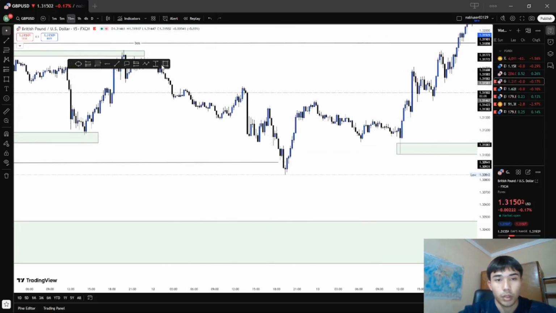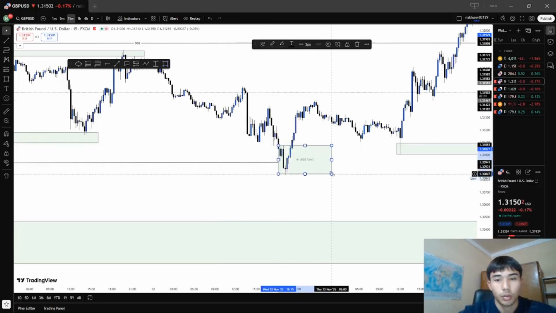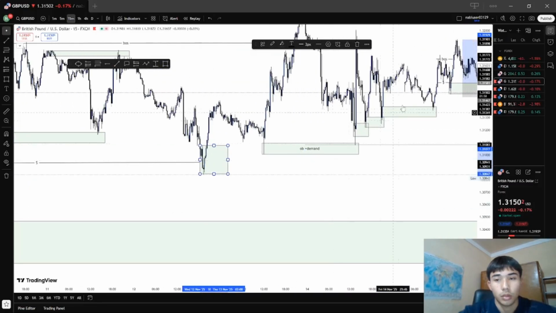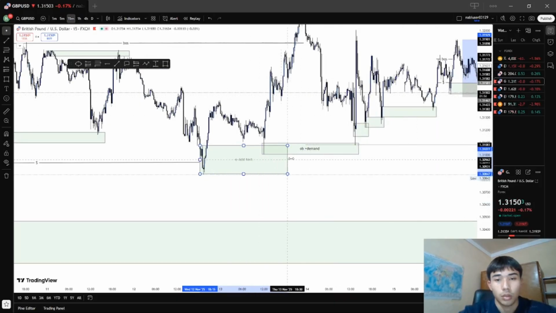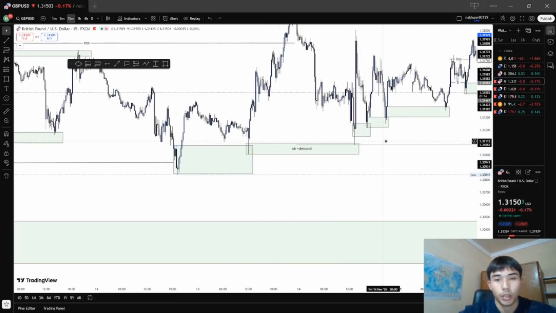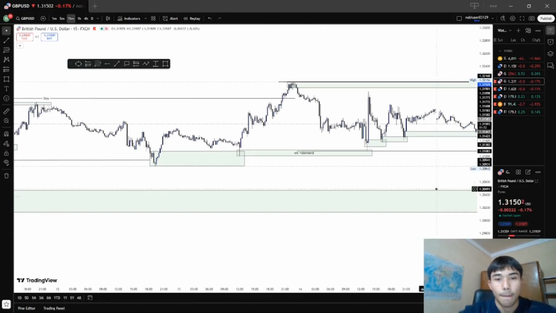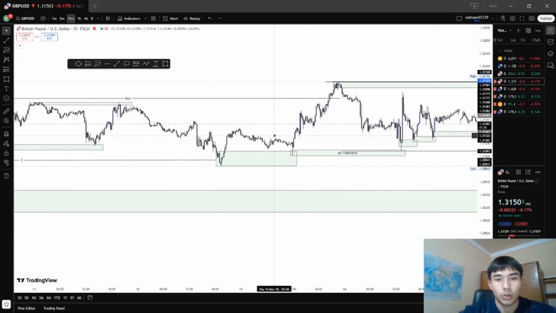We have our candlestick that led to the liquidity sweep. It respected our candlestick and went straight up.